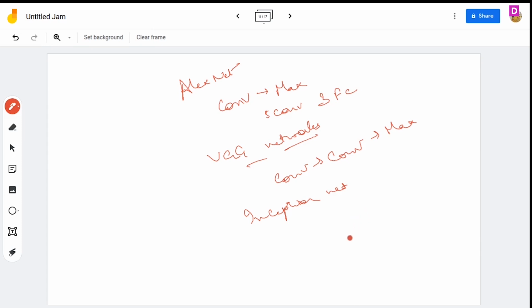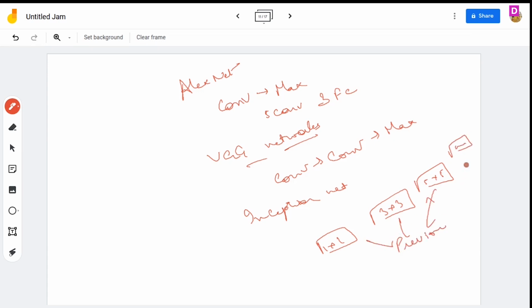Inception Net basically focused on giving more structure in the wider appearance rather than going deeper. So it had 1 cross 1, then it had a 3 cross 3, 5 cross 5, and then a max pooling. And this was the previous layer, let's suppose. So you connect all these, and then finally here you have the next layer.